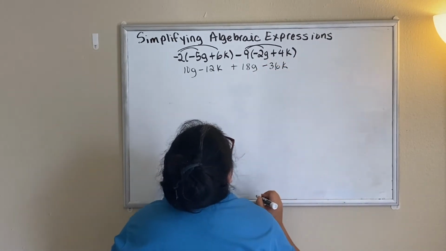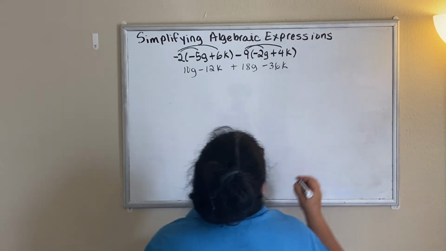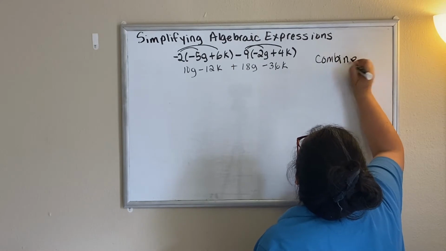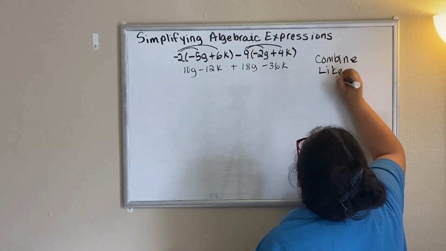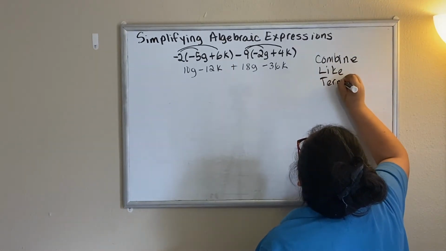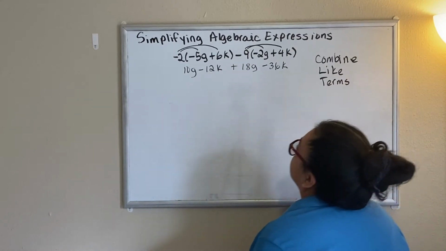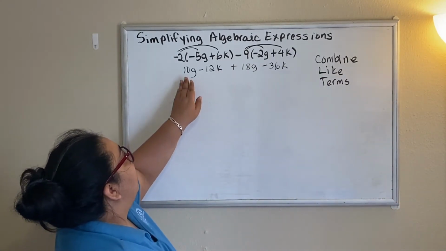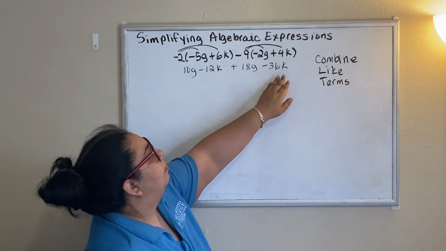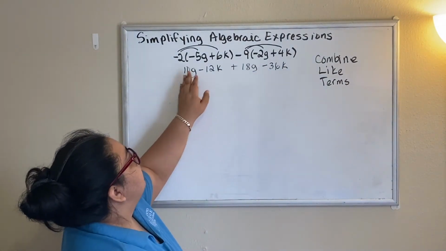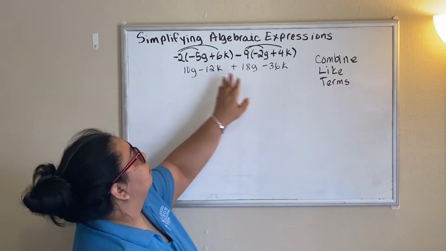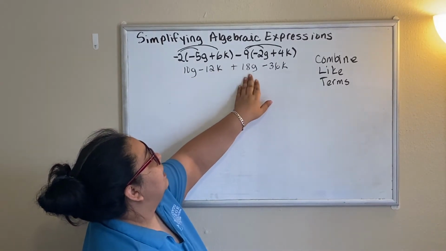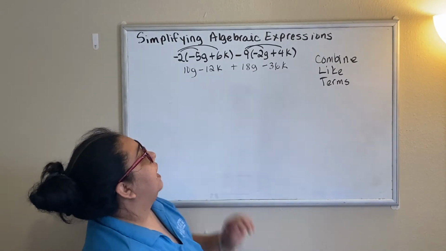36k. So now we need to do something called combining like terms. Okay? So we need to combine the terms that are alike. Now, everything separated by a plus or minus sign, all of these mini expressions, are terms. 10g is a term, 12k is a term, 18g is a term, 36k is a term.